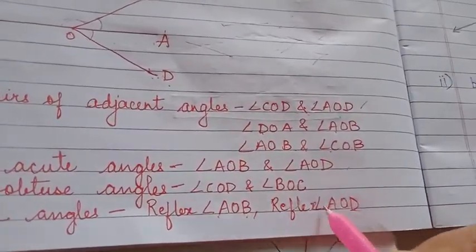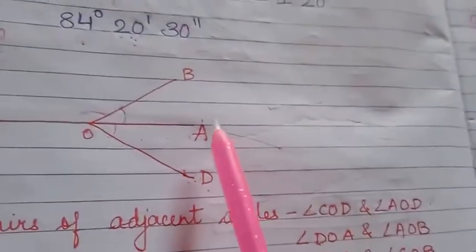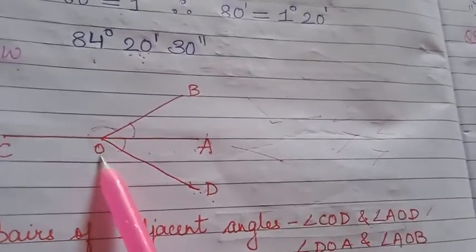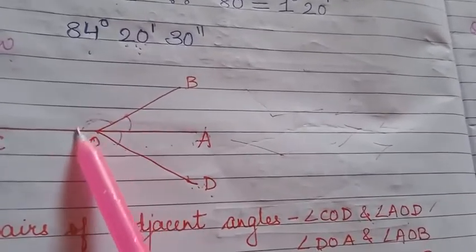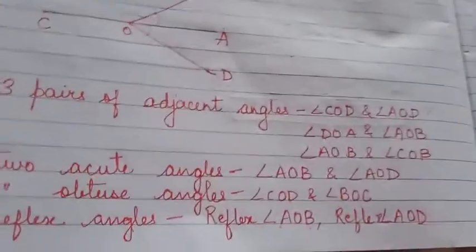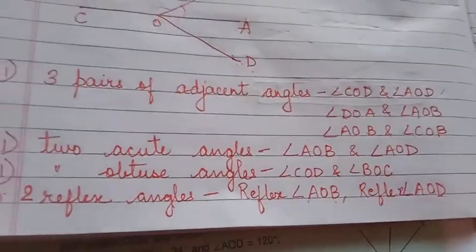And reflex angle AOD means the outside angle, this. So these are the two examples. You can also write them in your notebook.